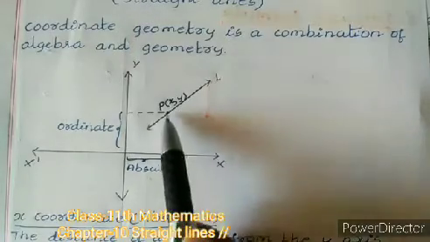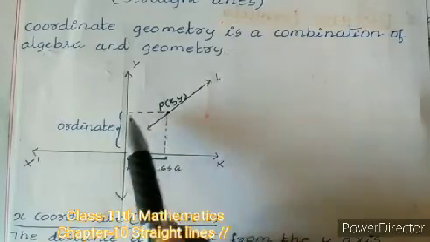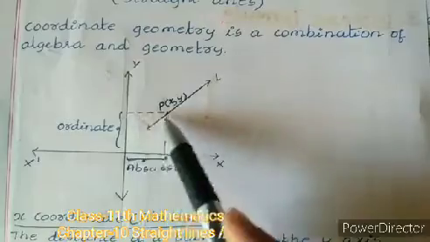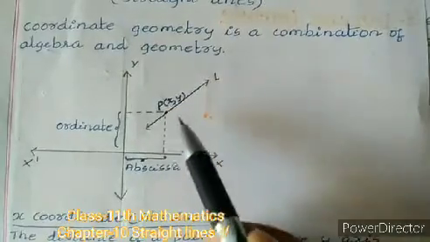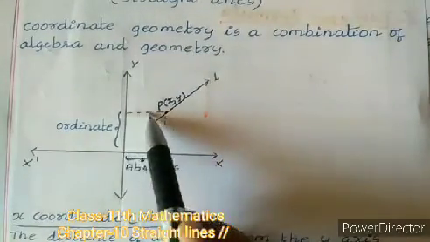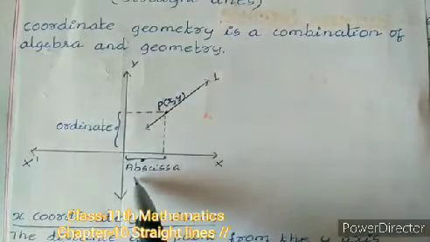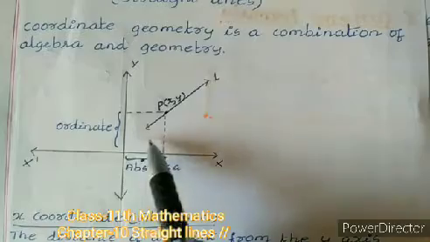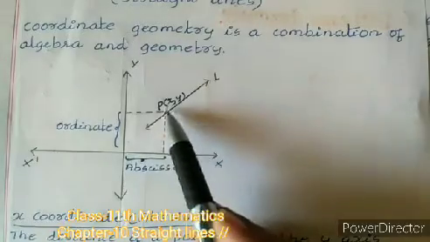Now the distance of this particular point from the y-axis is known as the abscissa. From here to here, this distance we call the abscissa, and that is the x coordinate of the point.